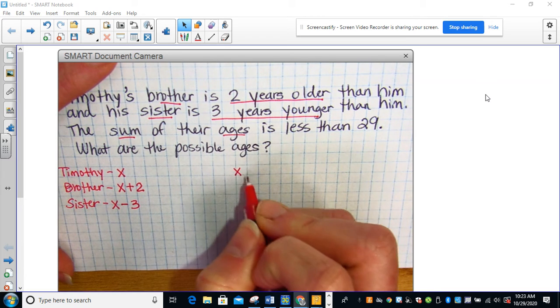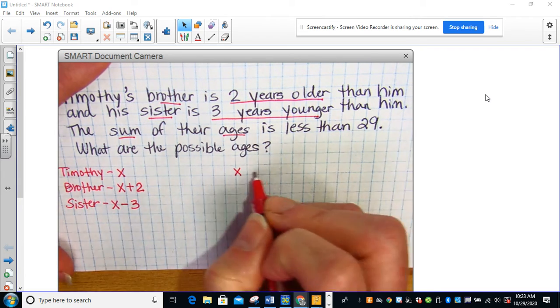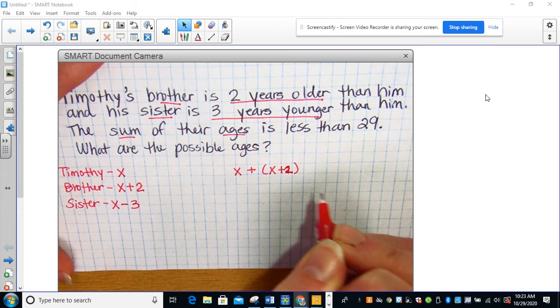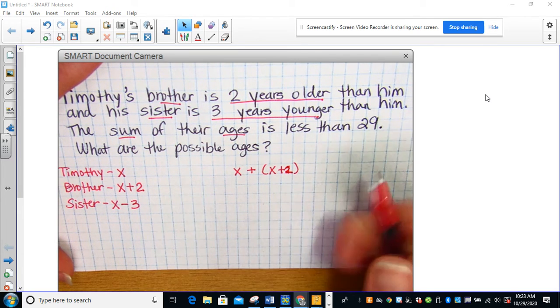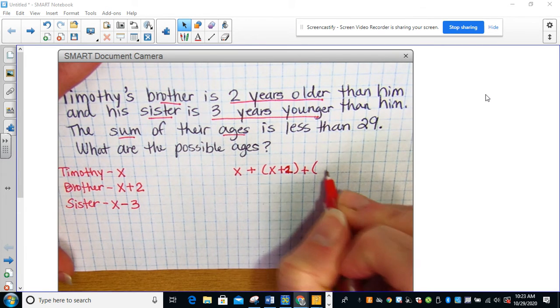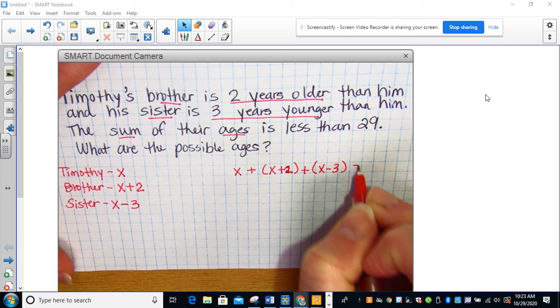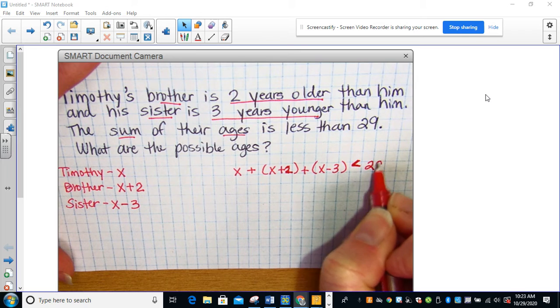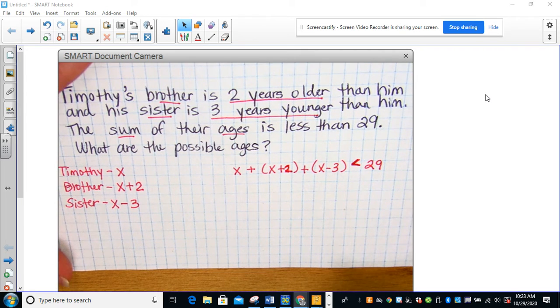So we're going to take Timothy's age, which is x. We're going to add the brother, which is x plus 2. I'm putting these in the parentheses just so you can see the different people, how it's represented. And then the sister is x minus 3. And it says that their ages summed together is less than 29.